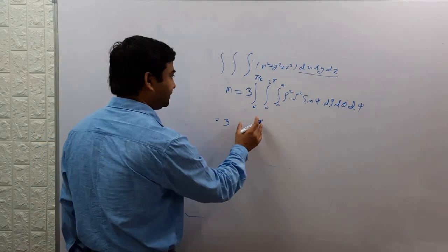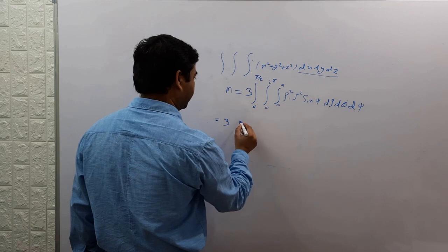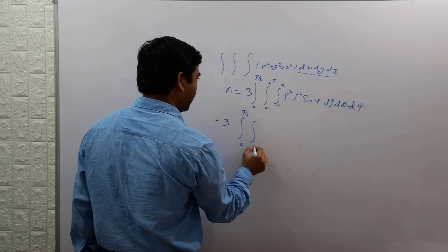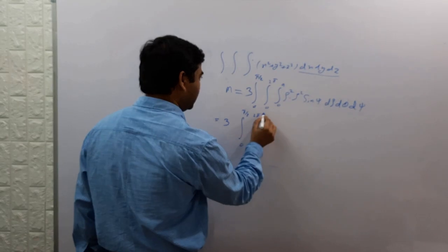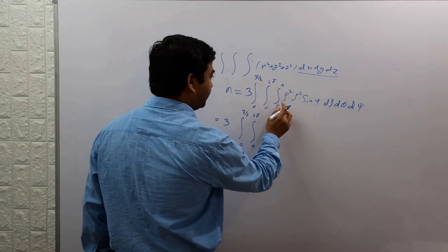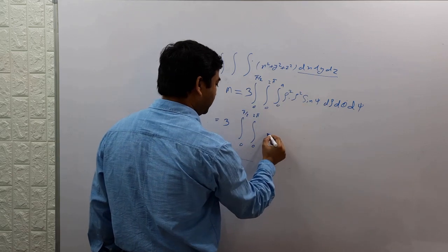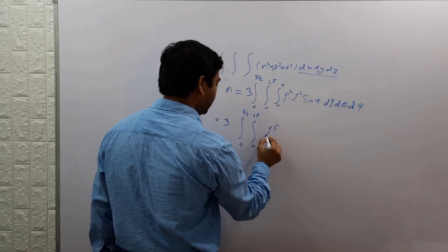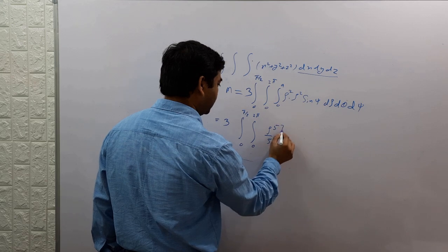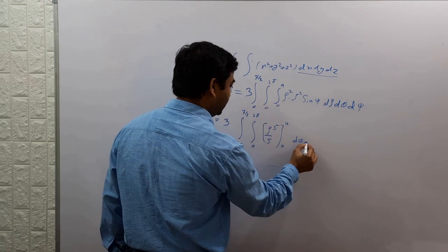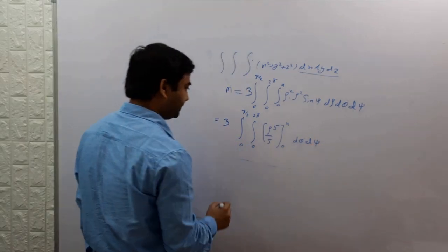So this is 0 to pi by 2, 0 to 2 pi, and rho is 0 to a. So this is rho to power 4, that is rho to power 5 by 5, 0 to a, d theta d psi.